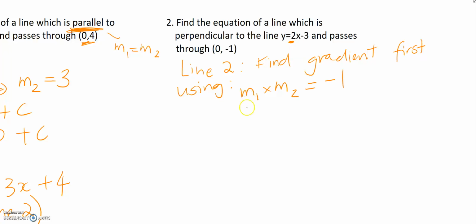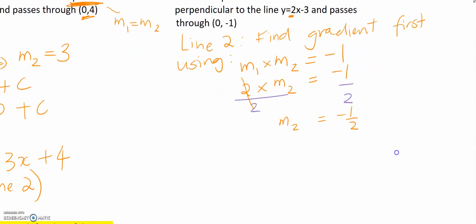So the gradient for line 1 is 2 multiplied by the second line, which we have to find, is equal to -1. To find out the gradient of the second line, we divide by 2, and that gives us M2 equals -1/2.